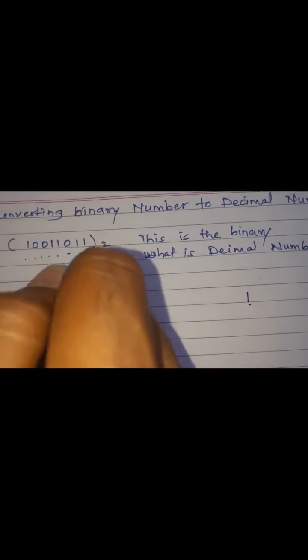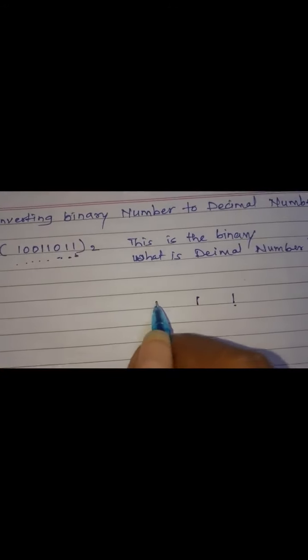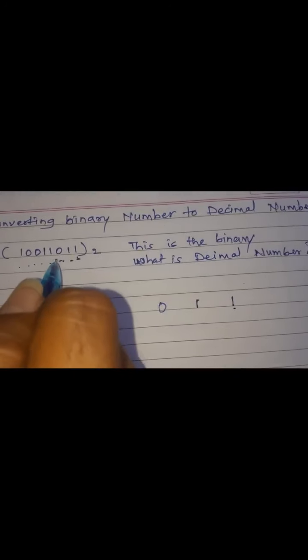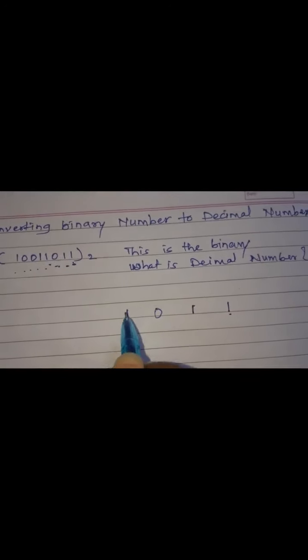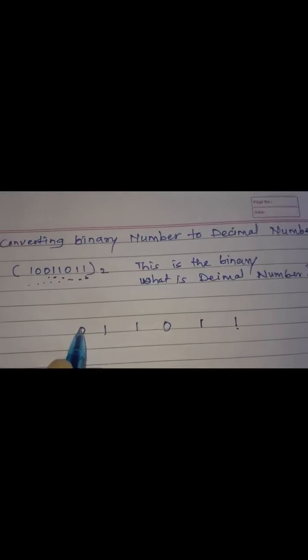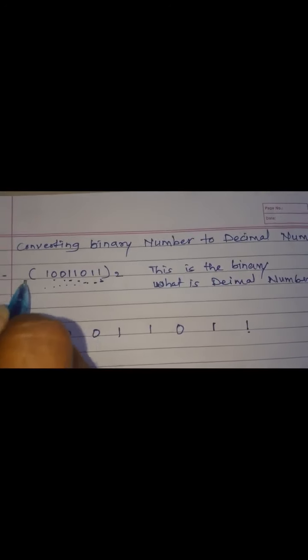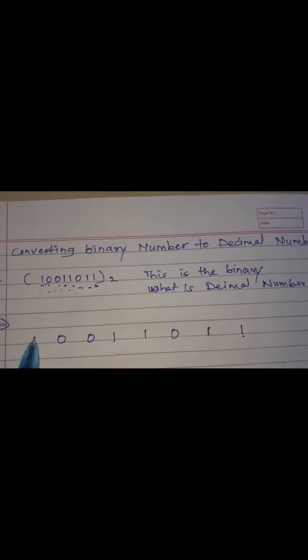First this one here, this one here, this 0 here, this one here, this one here, this 0 here, this 0 here, this one here.